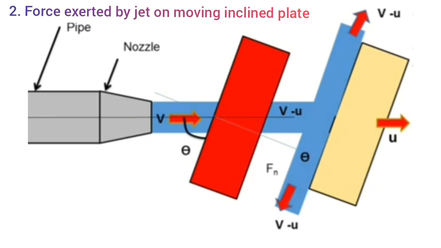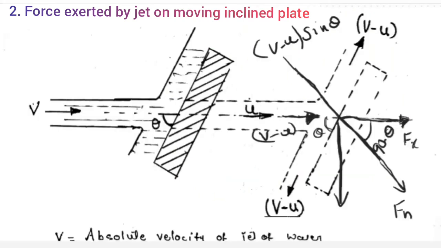Let us go with the derivation. As we discussed earlier, v is the velocity of the jet. You can see the plate is inclined at angle theta with the jet. v minus u is the relative velocity and u is the velocity of the plate.